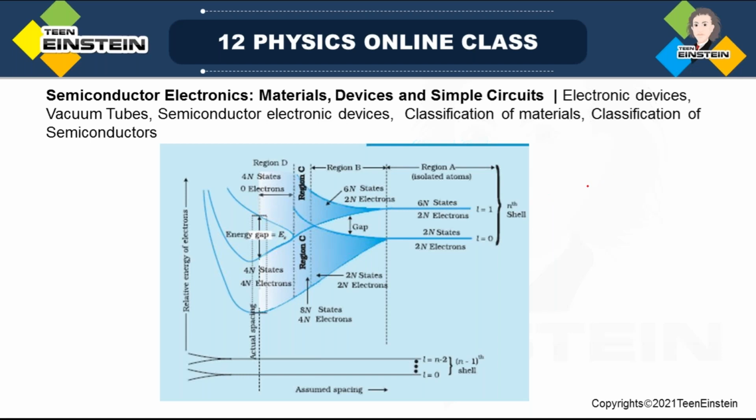We have learned in the atoms chapter that a simple hydrogen has a nucleus and only one electron outside. This is an isolated hydrogen atom.